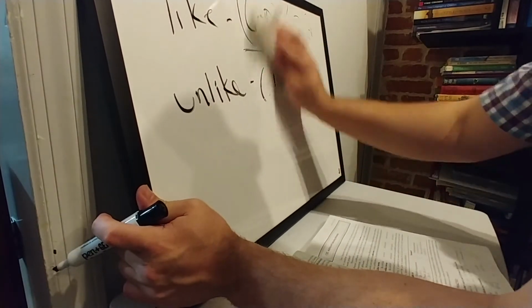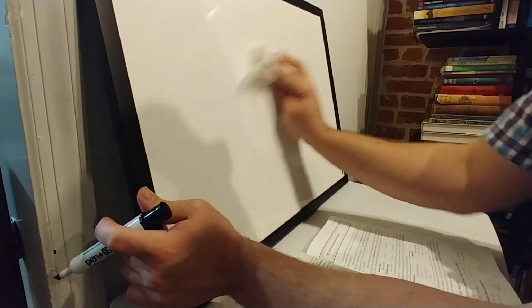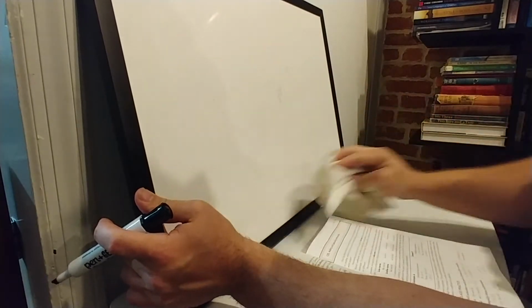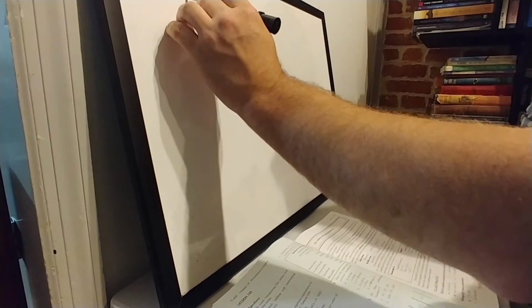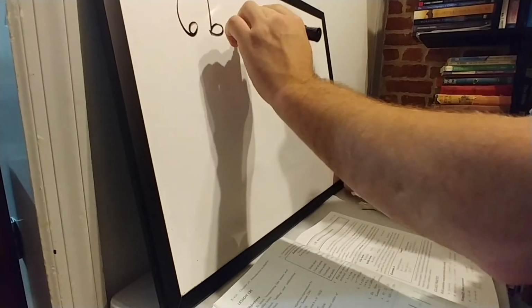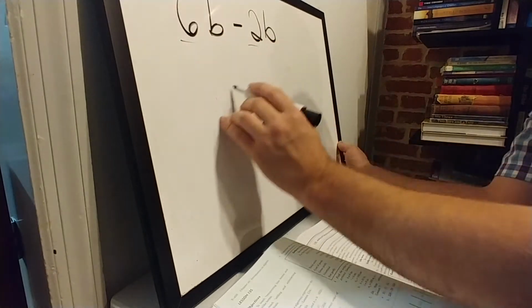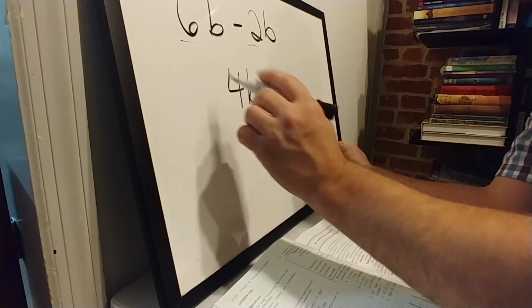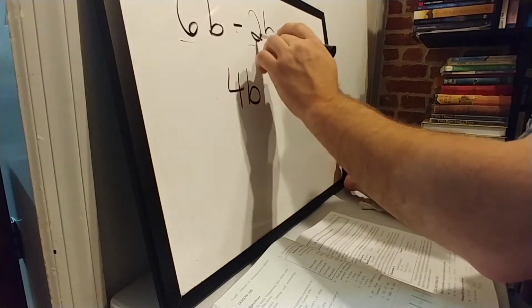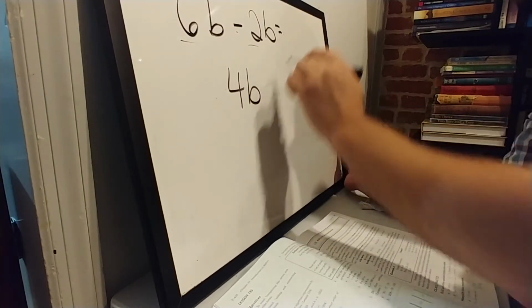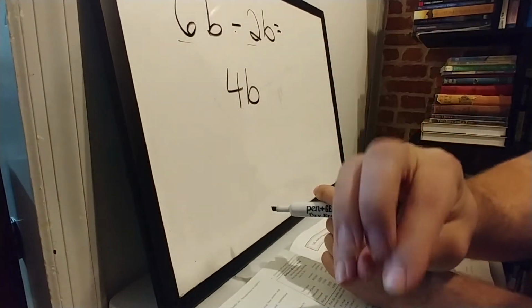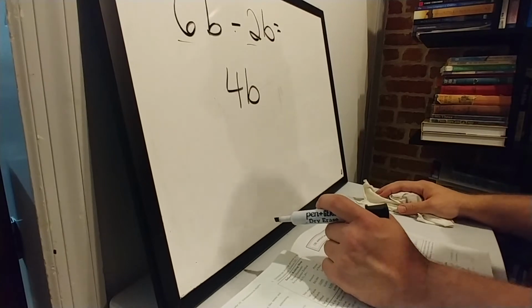So what today's lesson is, you're going to have to make sure they're like, and if they're like terms, you can combine them. For instance, 6B minus 2B is 4B. You have 6 B's, you take away 2 B's, you have 4 B's.